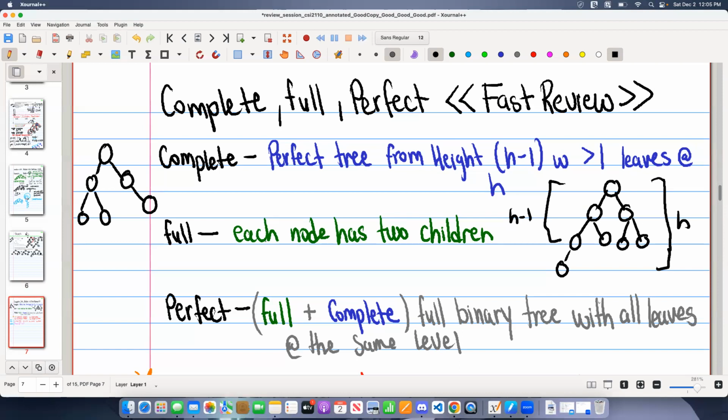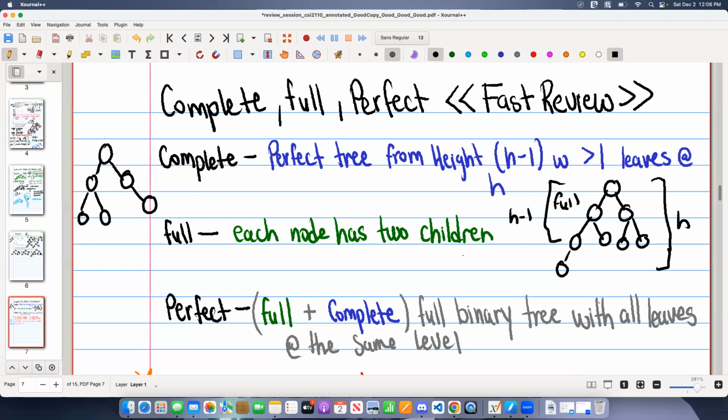Okay. A full tree, well, we used it in the above definition. It's a node that has 2 children. So this h-1 is also full, because every node beyond that has 2 children. Perfect: think of it as full and complete.